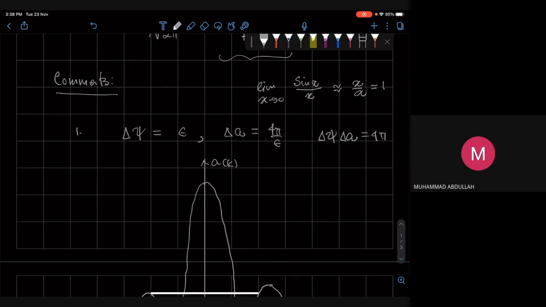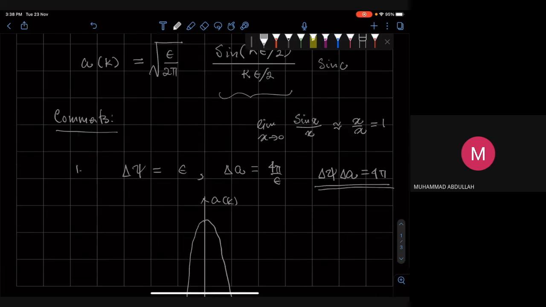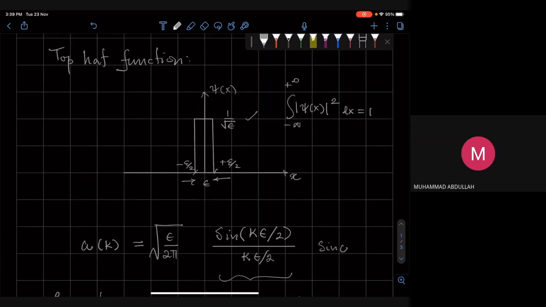And what is important is that this is independent of epsilon. If epsilon is a parameter and I take it smaller, the width of this function becomes smaller and smaller, but the height grows in such a way that this norm remains invariant, because this norm is independent of epsilon.